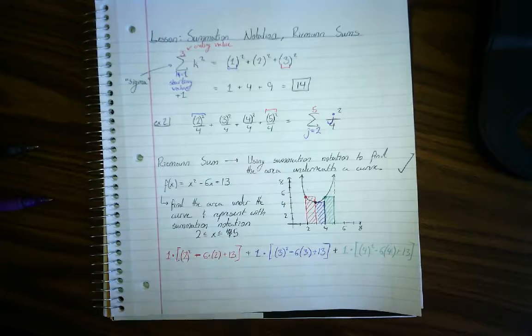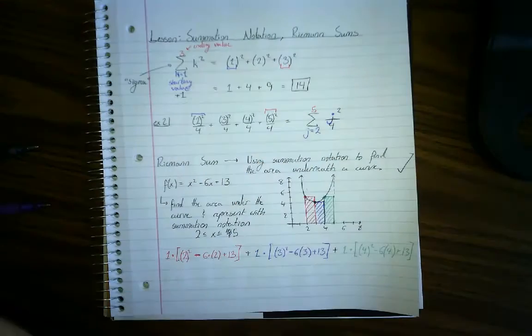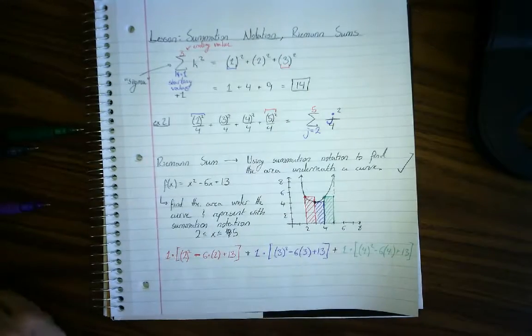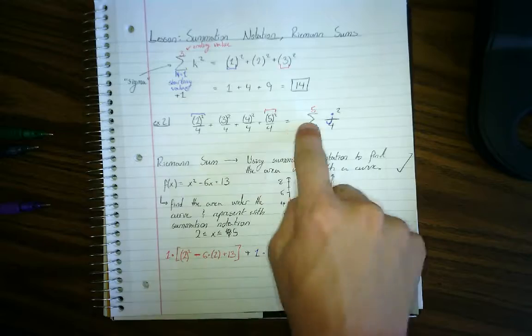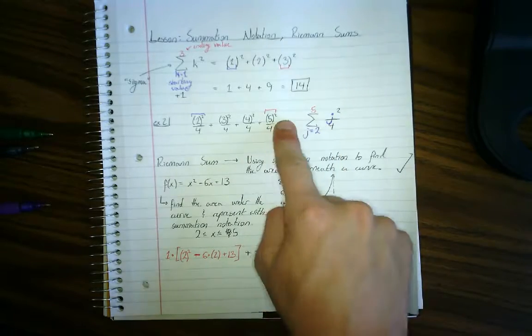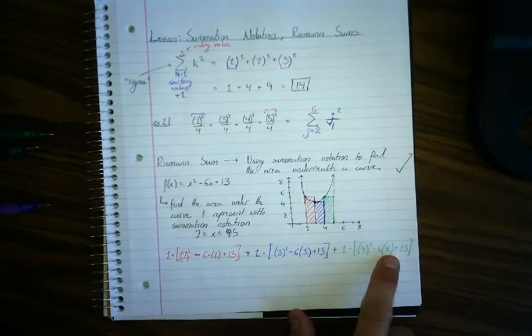So if you went up to someone and said, hey, this is the area underneath our curve, well, that would be fine, and we could simplify everything, but we wanted to get more familiar with this summation notation. So here we have a bunch of 1s going on. So we know that our pattern is going to have a times 1 in it. But these ones might not be super obvious.